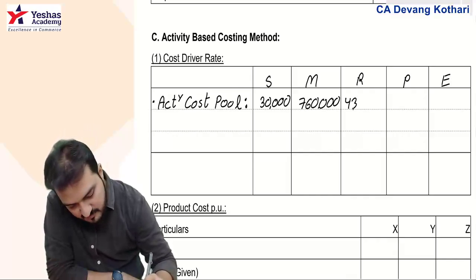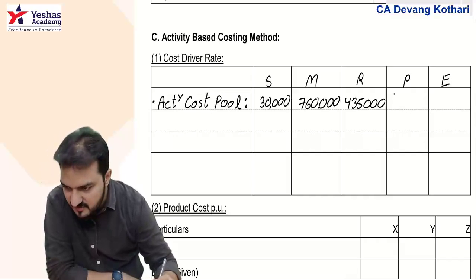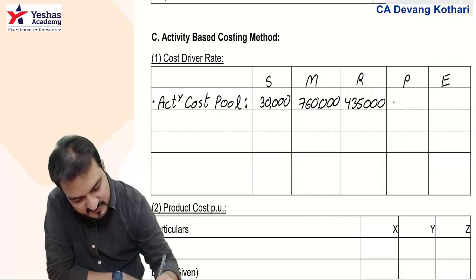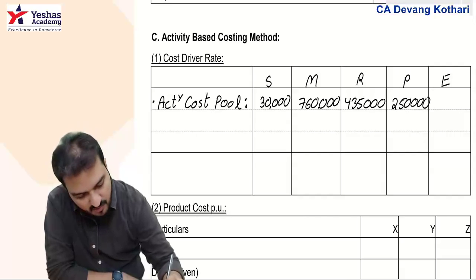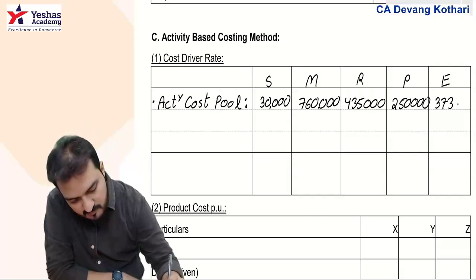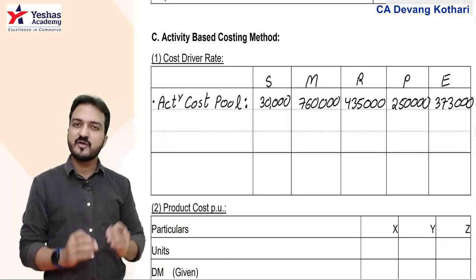Receiving cost 4,35,000. Packaging is given 2,50,000. And total engineering cost 3,73,000. These are your total activity cost pool.